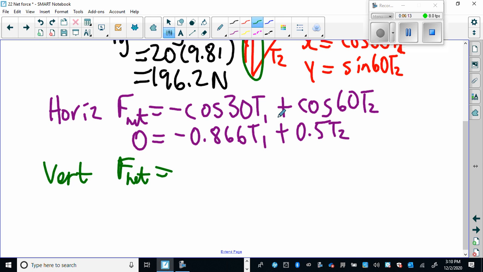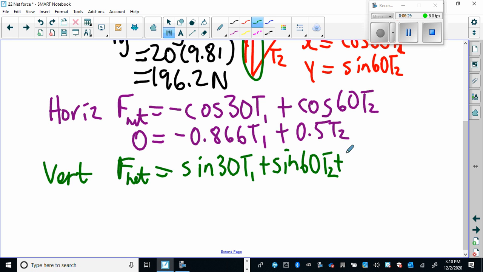So the net force equals the sine of 30 T1 plus the sine of 60 T2, plus negative 196.2. Okay, so those are our three vertical components. And yet again, the F net is 0.